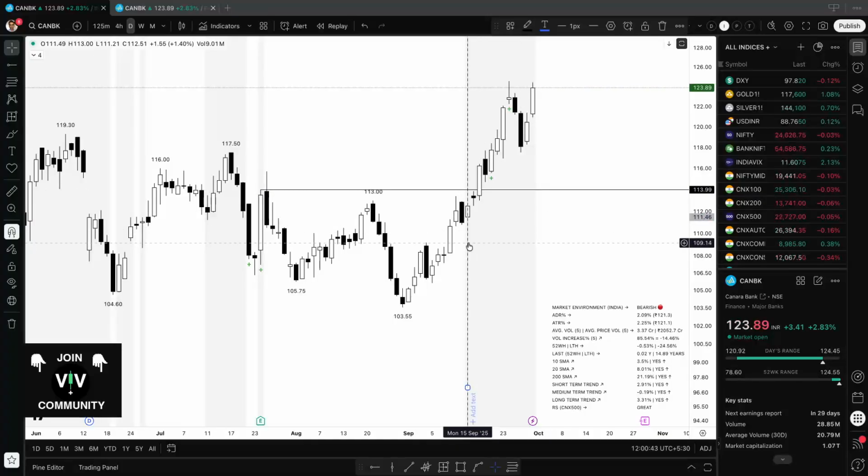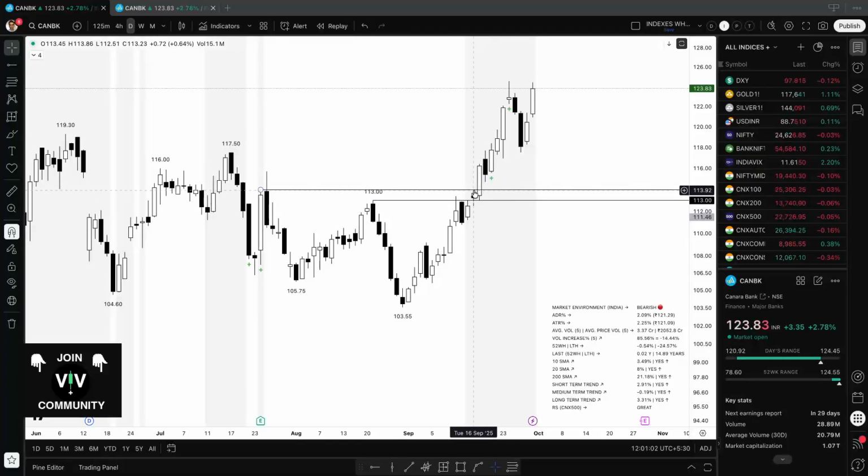So we got more confirmation that weekly was positive, now on daily also it was positive, and now price is also breaking out. So this was a good price to enter, right? Or maybe this was the time to enter before the breakout.